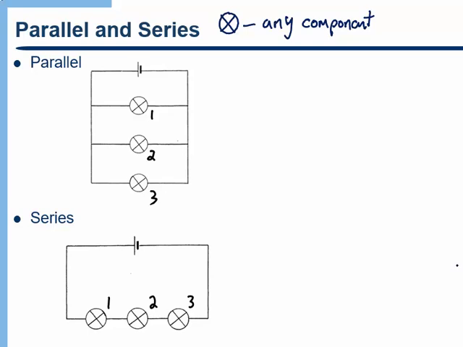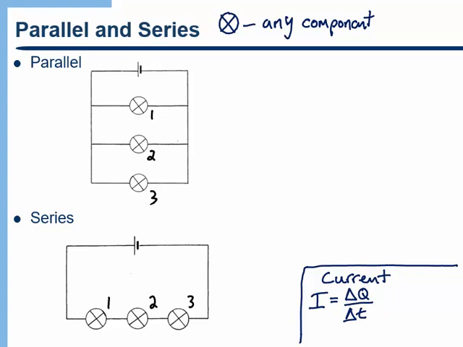The other thing that I want to do before I talk about that is just introduce briefly to you the idea of current. This is something that we'll be talking much more about in a later chapter. But what a current in a circuit represents is a flow of electric charges around the circuit. The way that current is defined is that current is equal to the amount of charge that goes by a point in the circuit per time.